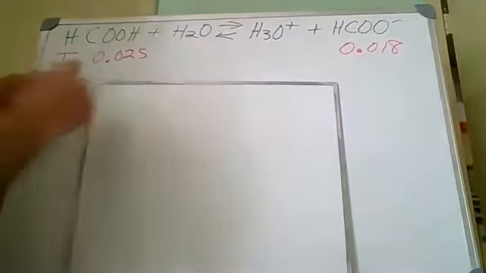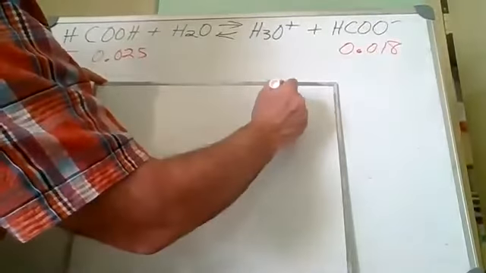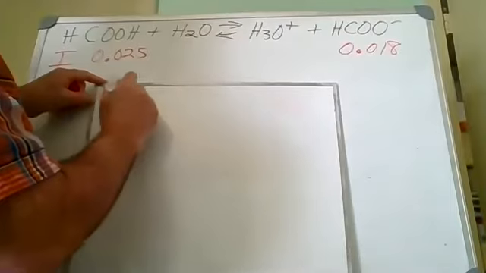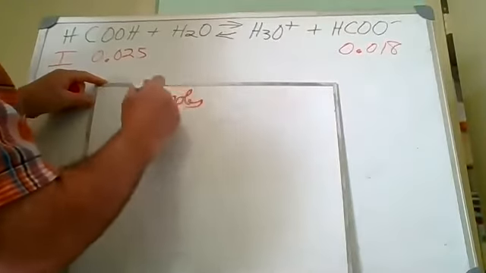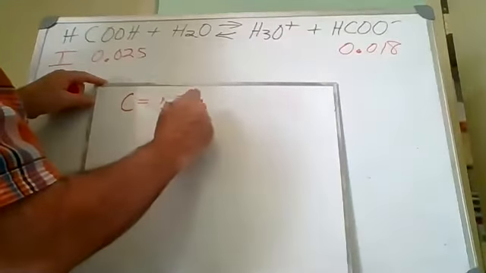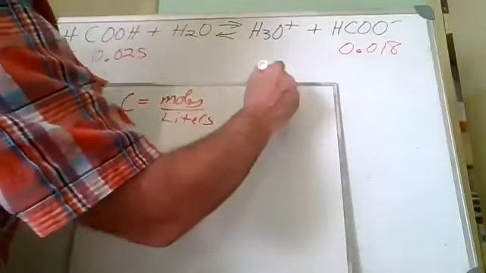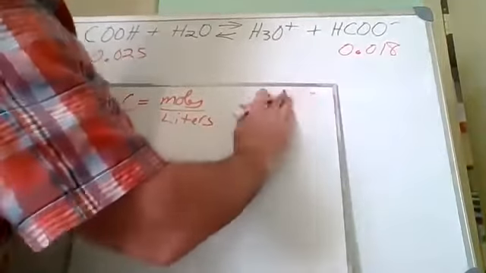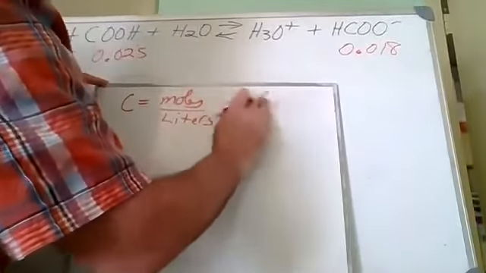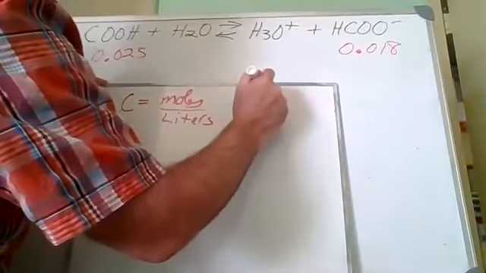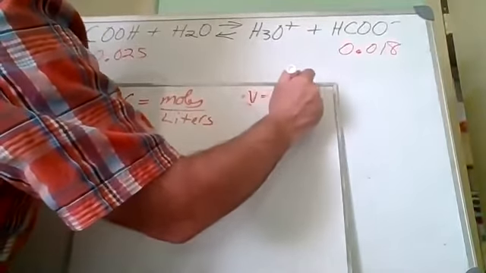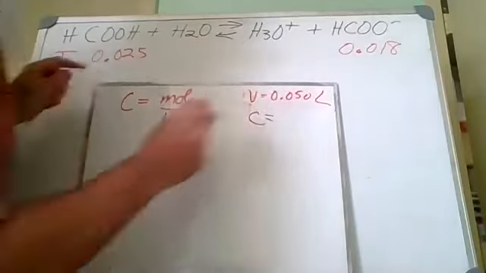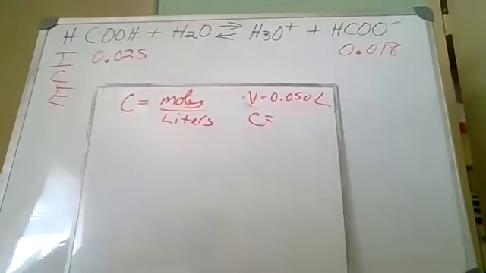We're going to use the molarity equation. Concentration equals moles over liters. We're told that the volume is 0.050 liter, and that the concentration was 0.1 molar.